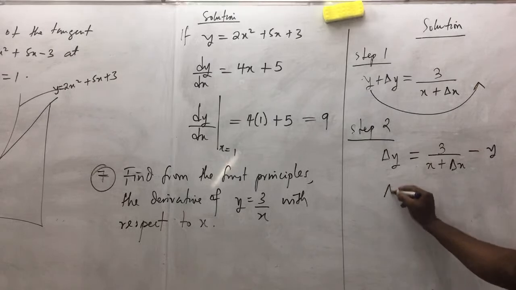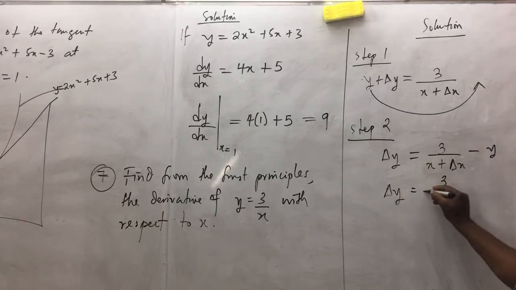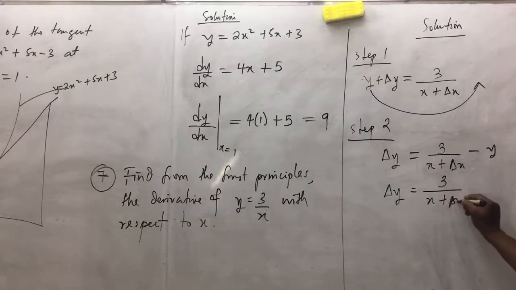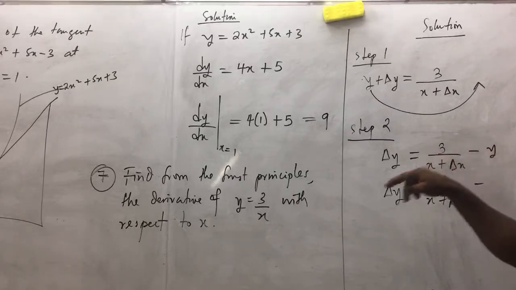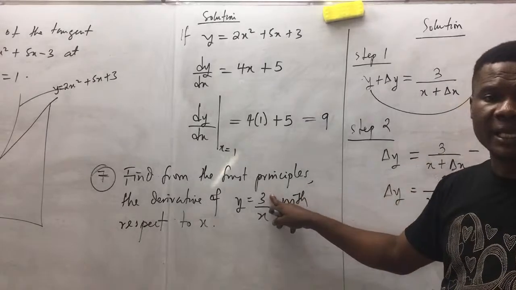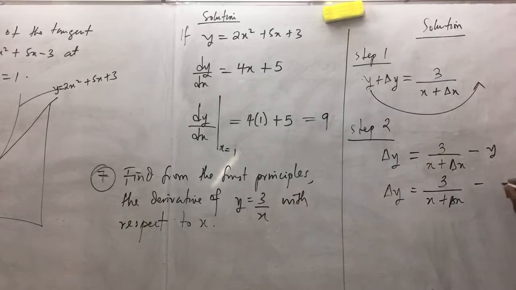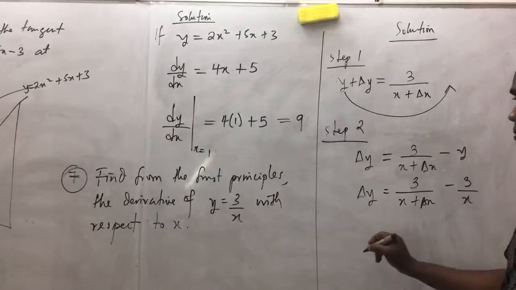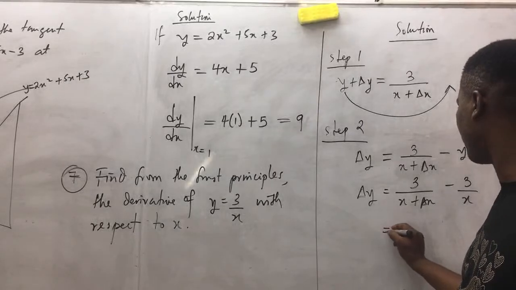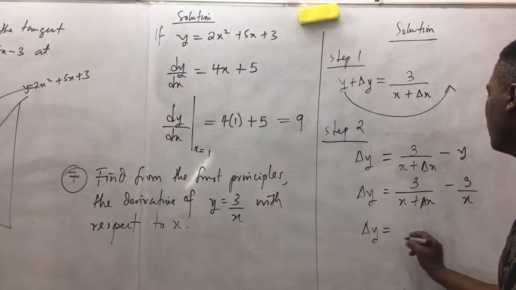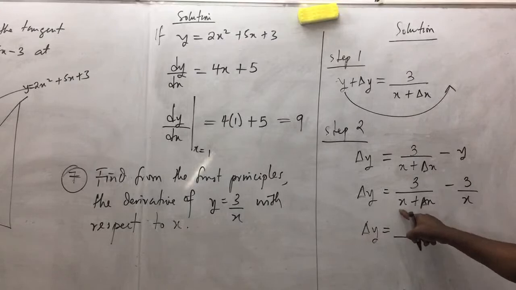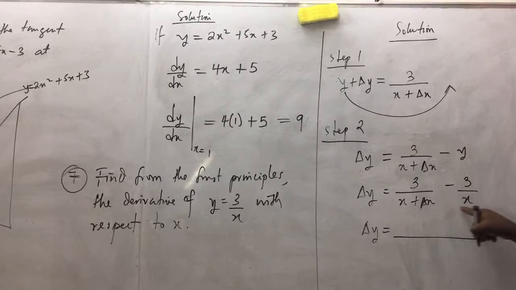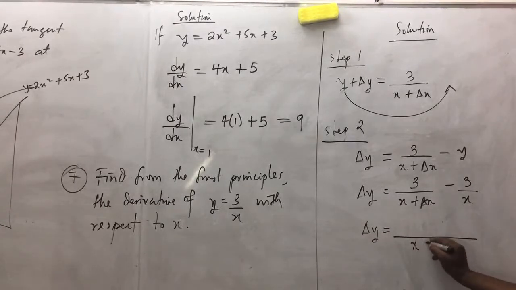So what is your y? Remember, we were given y to be 3 over x. So I'm going to put what y is here, 3 over x. Then I'm going to simplify, still in this step 2. When you simplify, the LCM of x plus change in x and x is the product of the two of them.